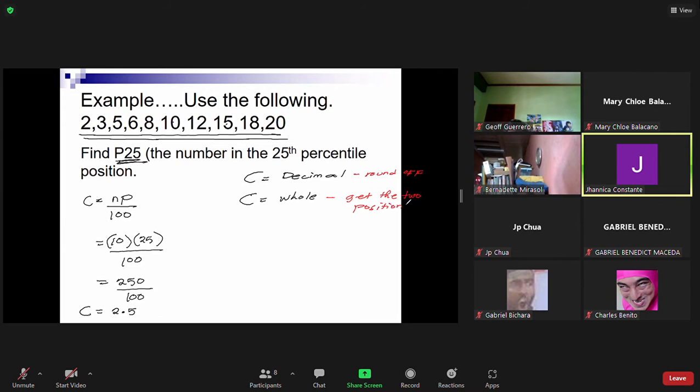So for example, here we have 2.5 as the value of our C or the position of our percentile. If we're going to round it off, it's equal to 3.